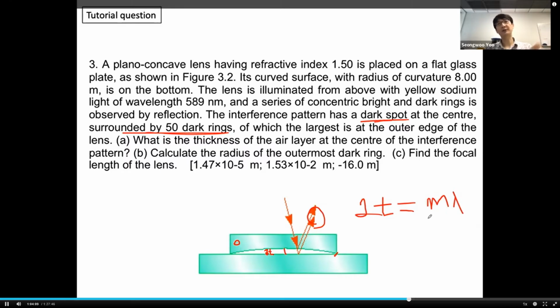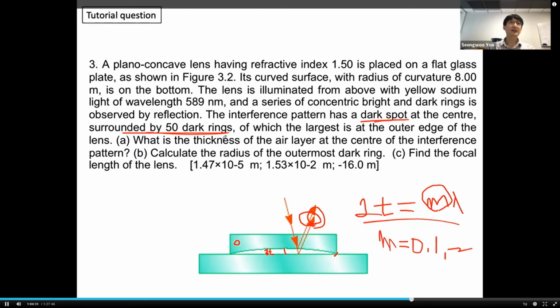This becomes m lambda because we have the phase shift by the reflection. With this equation, this m value can be any integer starting from 0: 0, 1, 2, and so on.